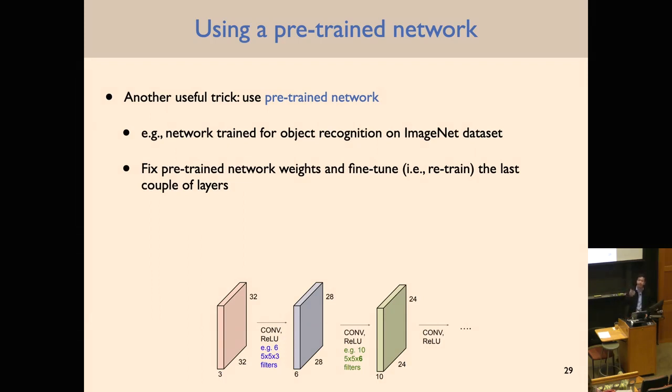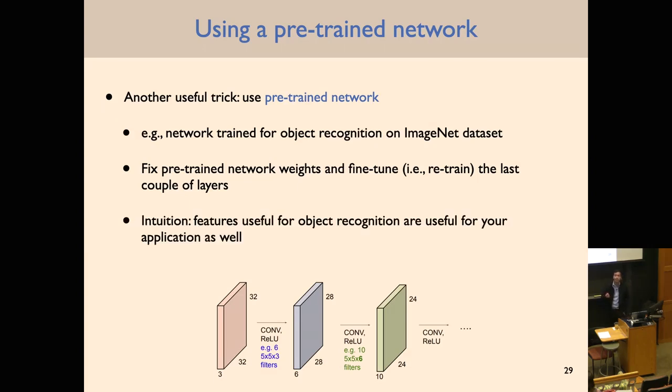You can still reuse most or parts of the network that was trained to do image classification. The idea is that you take that network and you keep the first few layers, or most of the layers, and you basically retrain just the last one or two layers, maybe even one layer, for your particular task or for your particular data set. So this is called fine-tuning.